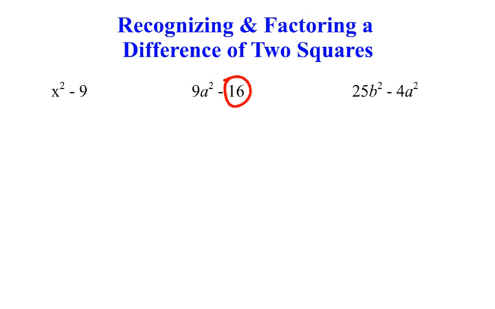You know that it's 4 times 4. And we can keep going here. 25b squared, 5b times 5b. And finally, 4a squared is 2a times 2a. So you recognize that each one of these is a difference of two perfect squares.